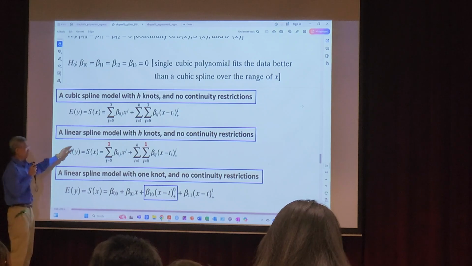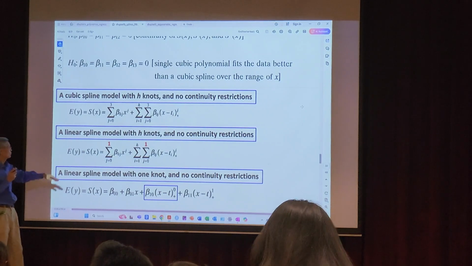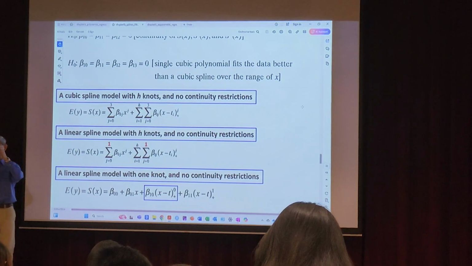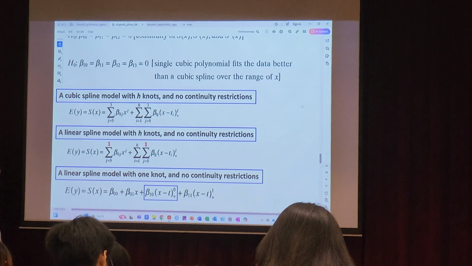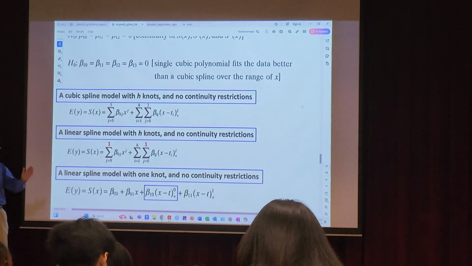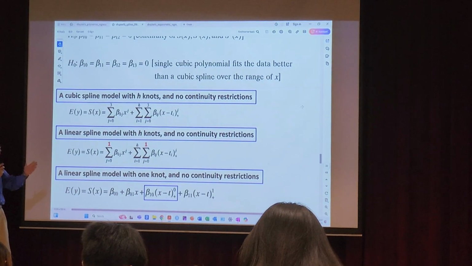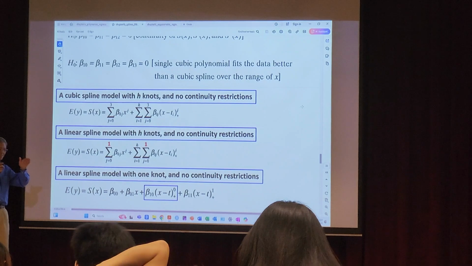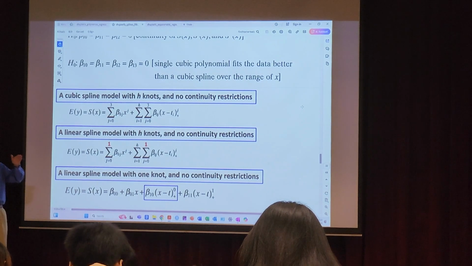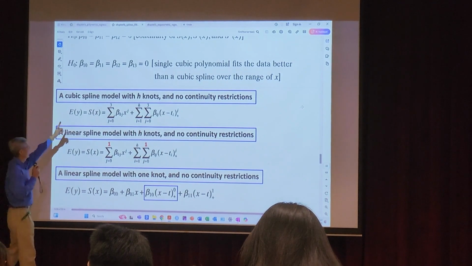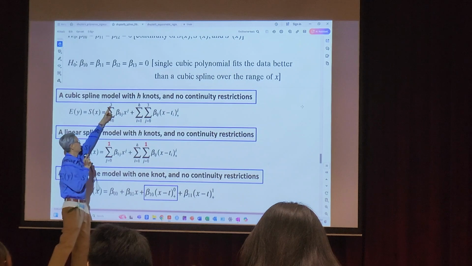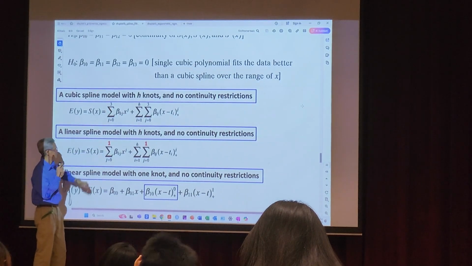So what if I want to fit a linear spline model? It is a straight line model. So let's say I divide my segment into H+1 segments, and I want to have a linear, straight line for each segment. Well, that's easy. Change the cubic to a straight line.